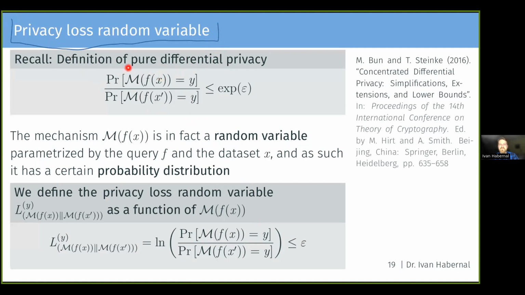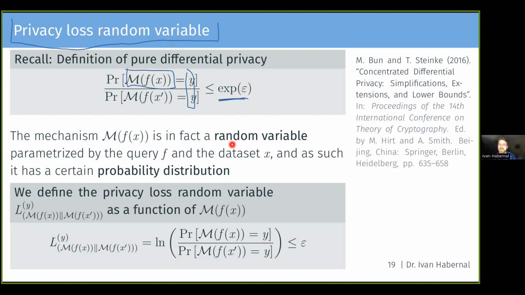So this is the definition of pure differential privacy, where we're saying, no matter what you output here, for all the neighboring data sets, we bound all these probabilities by this privacy budget. And if you think about it, this f of X is basically a random variable, because there's some randomness.